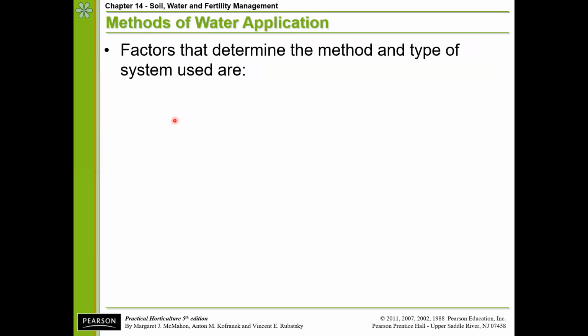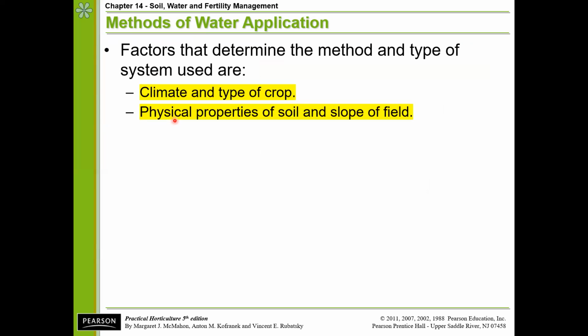Whenever we're applying water, we're going to think of that again as part of this whole system. And we have to integrate all of this together to determine how we're going to grow the crop. So of course, we have to look first at the climate and the type of crop to see what we have to add, as well as the physical properties of the soil and the terrain topography of wherever we're able to produce a crop.